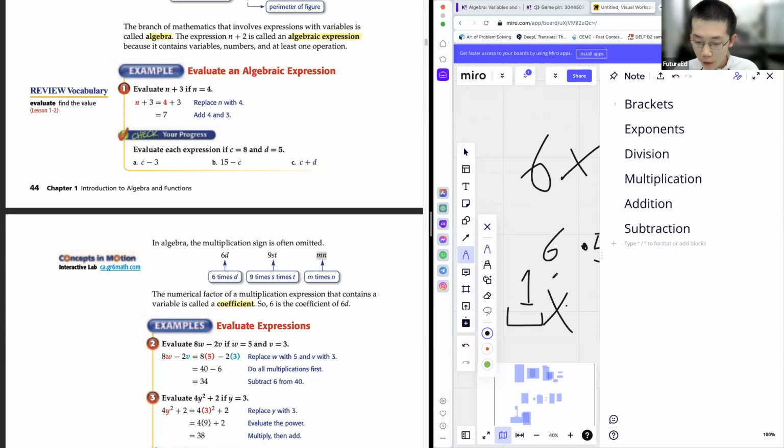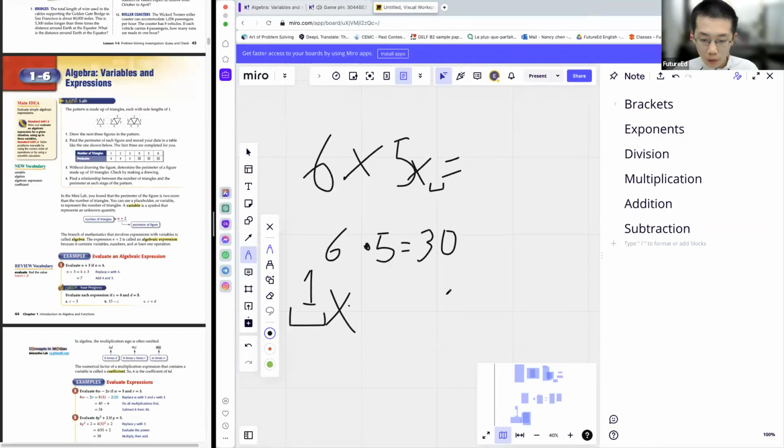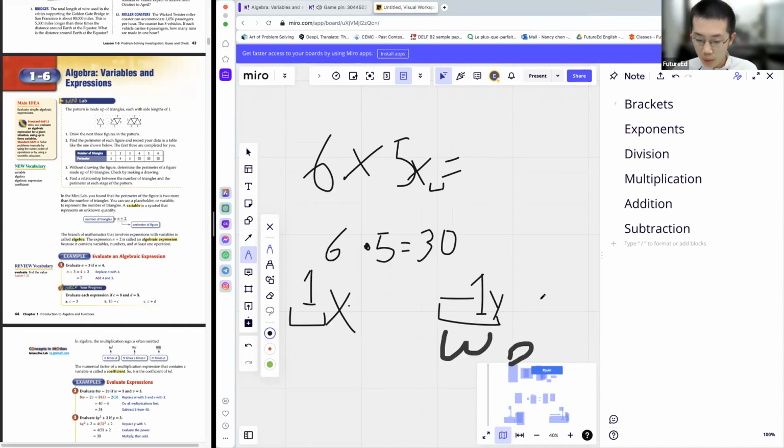If your number is negative, for example negative y, there's also an invisible 1. So in this case, the coefficient would be negative 1, because that's the numerical part of this expression, okay?